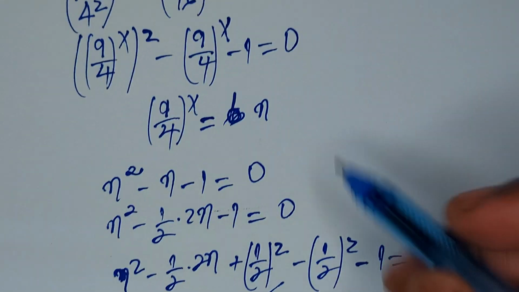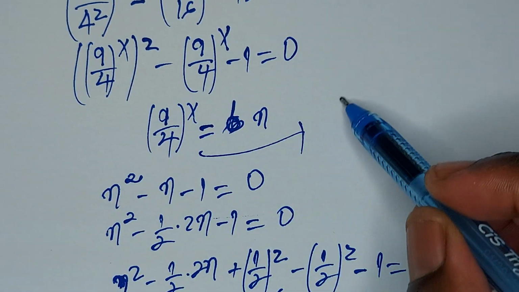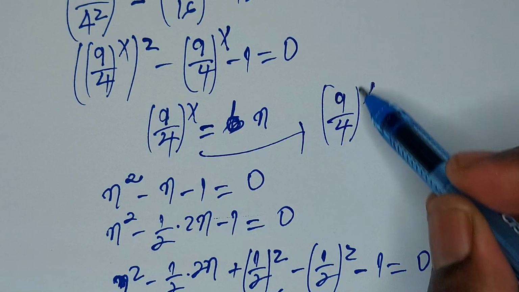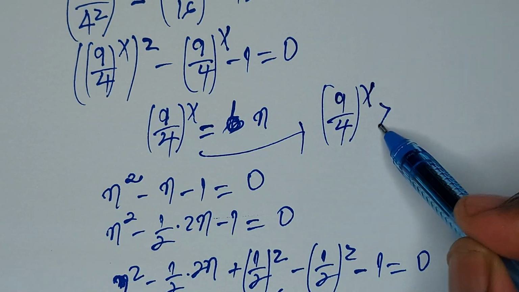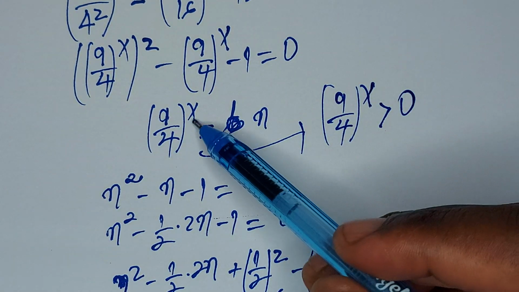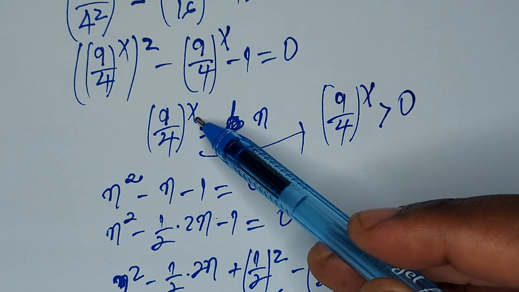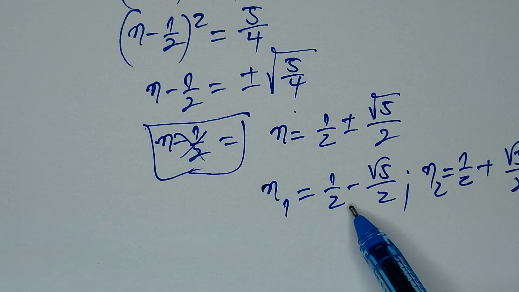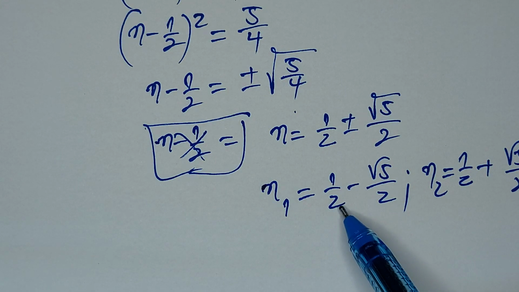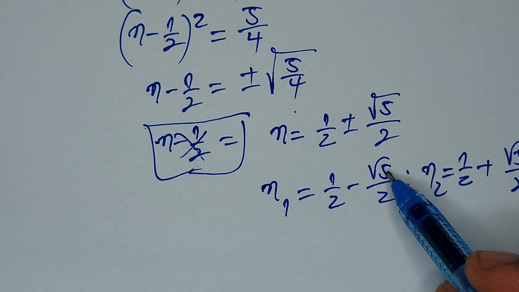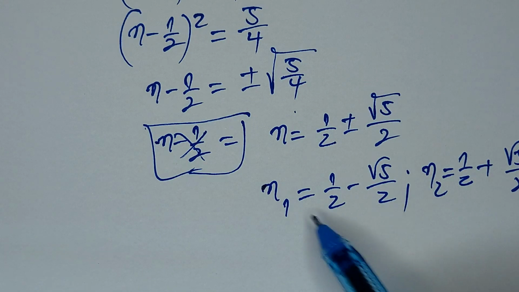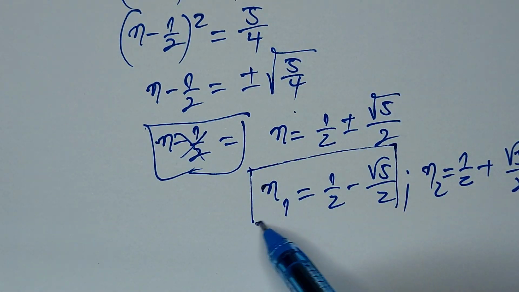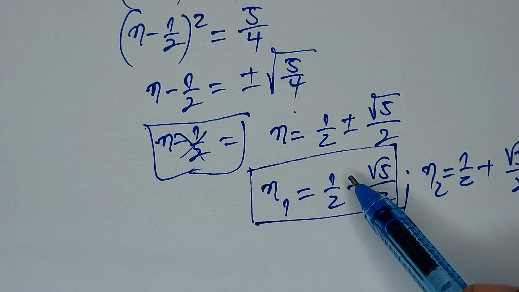So guys, let's see this. 9 over 4 to the power of x is always going to be positive, because it doesn't matter the value of x you put here, you're always going to have a positive number. It means that a half is not greater than the square root of 5 over 2, so this one won't be useful for our solution.